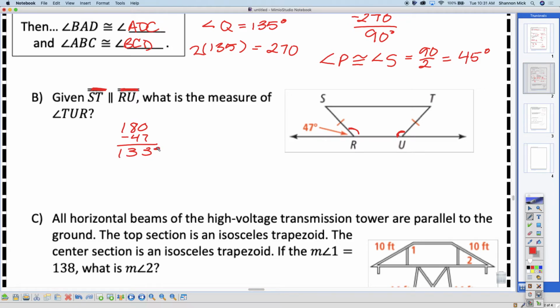So angle R is congruent to angle U, TUR to be technical. This is SRU. Angle SRU is congruent to TUR, which is 133. Now, the way Connor was doing it, he knew that 47 is on the outside on the other side too, so he moved it over there and subtracted. You could do that also, right? But regardless, your answer is 133.